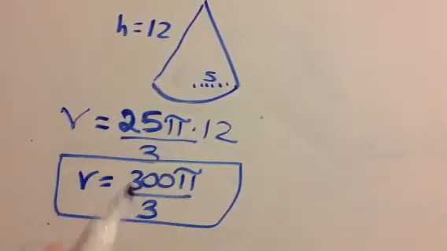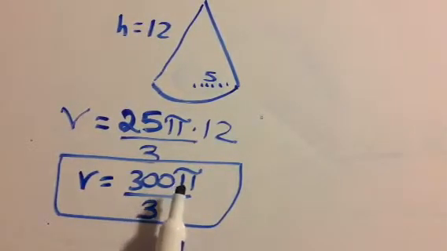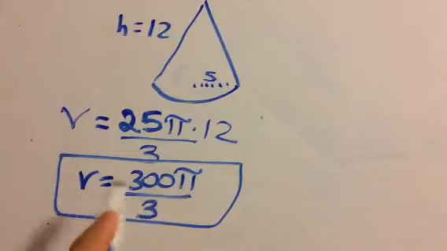25 times 12 is 300. Now, if we were leaving this in terms of pi, we wouldn't solve pi, we'd just leave pi there. In this case, we're going to solve for pi. You can press pi in the calculator.